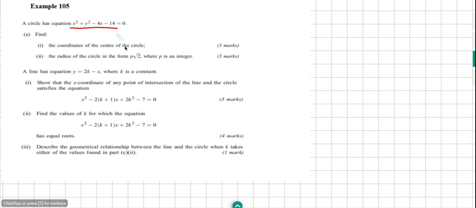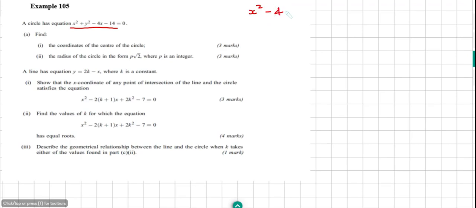So the first thing that we need to do is use the completing the square method to try and get this into the standard form of our circle equation. So I'm just going to do that by rearranging the order of this equation. So we collect up the x parts together.